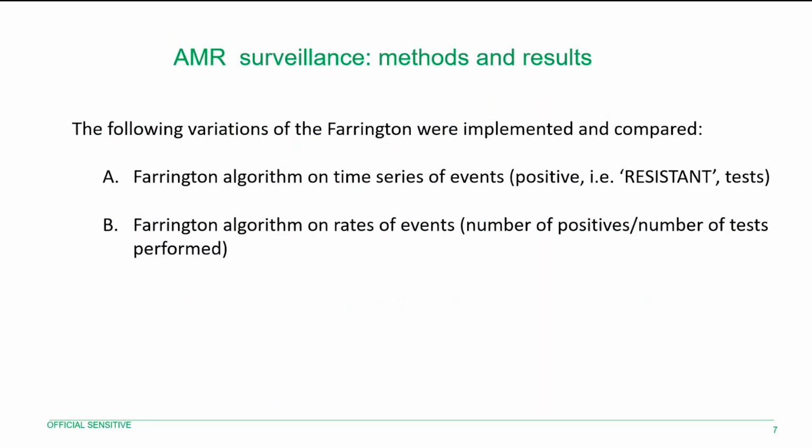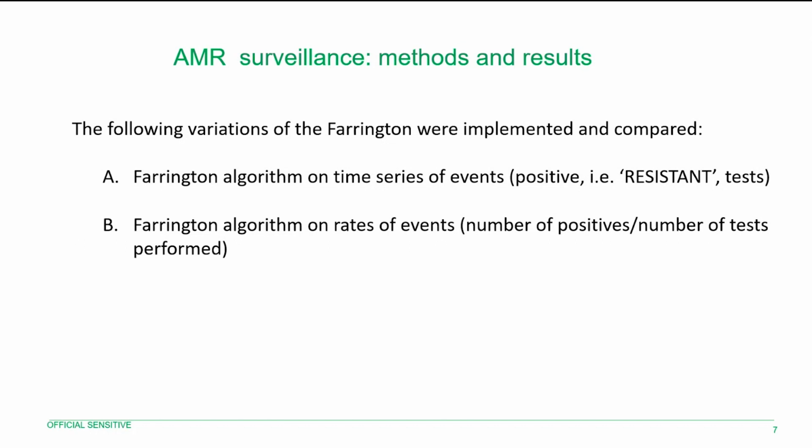Right. So we specifically looked at two different implementations of the Farrington algorithm. The Farrington algorithm can be applied straightforwardly to the time series of your positive tests, I mean, the tests that give you a resistant result in your sample.